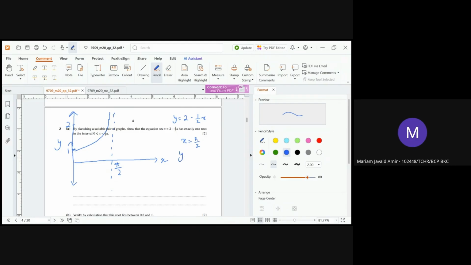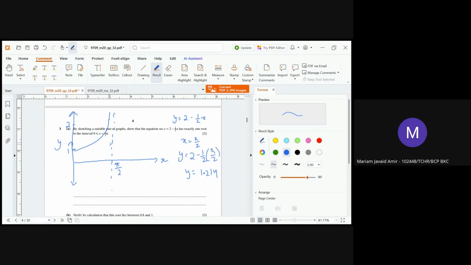So let me try to find the value of y when x is pi by 2. So y would be 2 minus half pi by 2. What is that? So 2 minus pi by 4, that gives us 1.214. Okay, so it's going to be slightly higher than 1, somewhere over here.